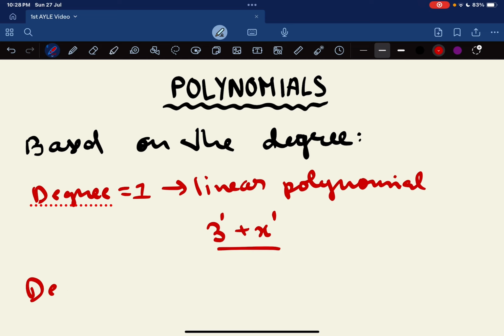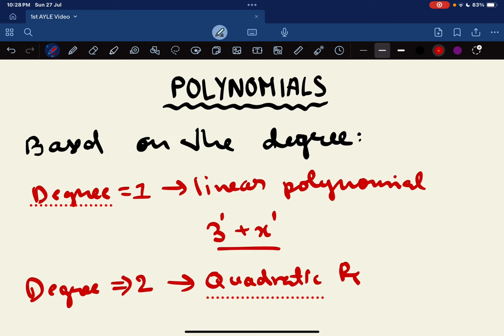If the degree is equal to 2, then it is a quadratic polynomial. So an example of this can be 3 plus x squared, because here the highest exponent is 2.